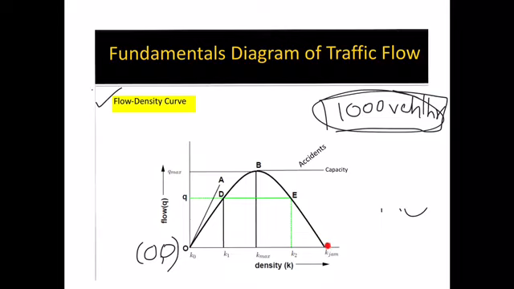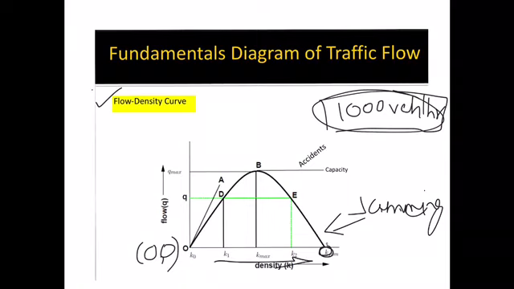That means the delay has started on that road, and the flow will reach a 0 value once again at a point called K jam, that is the jamming density. So once again the flow value becomes 0, but the density of vehicles is high.